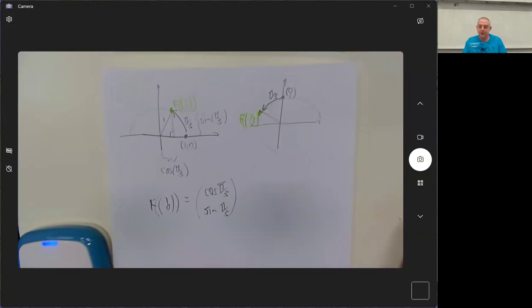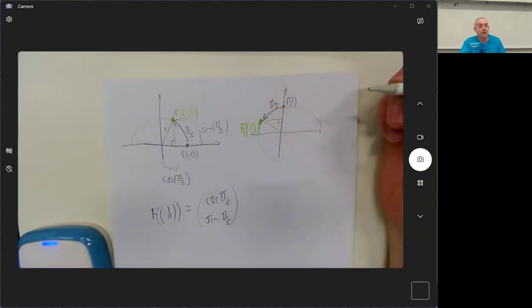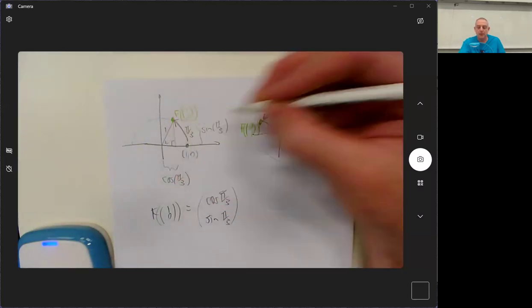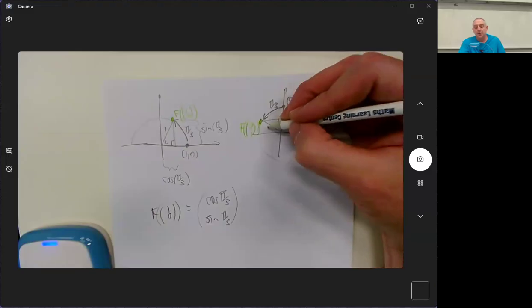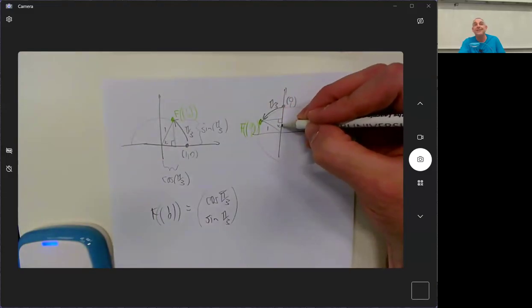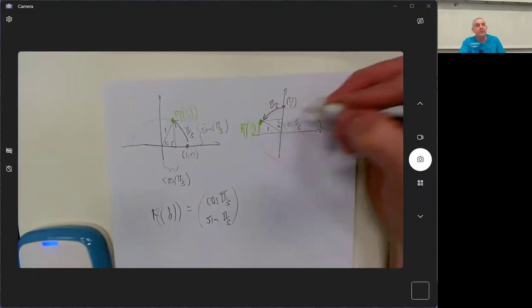Are you ready? Here we go. Here's the next one. This triangle, just here, has an angle of pi on 3 in here. And it's got a hypotenuse of 1. So this here is cos of pi on 3 because it's next to the angle. But that's the y-coordinate because it's on the y-axis.